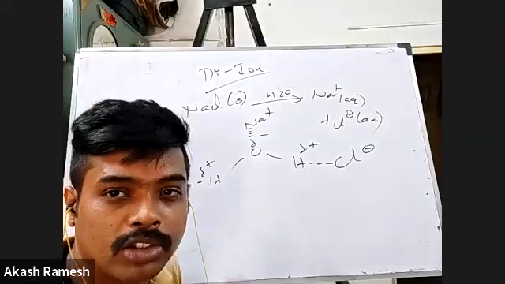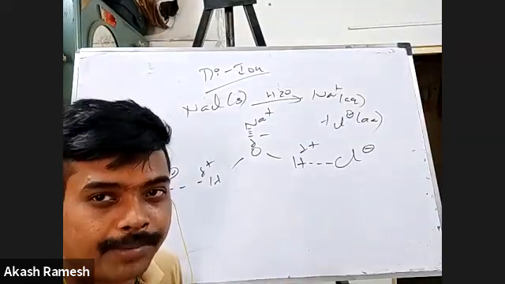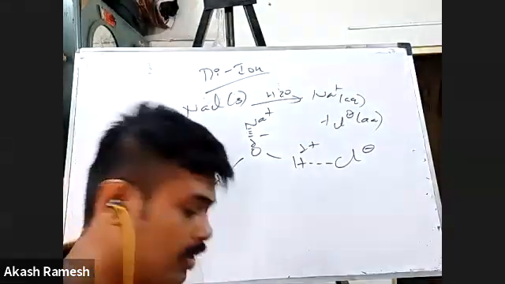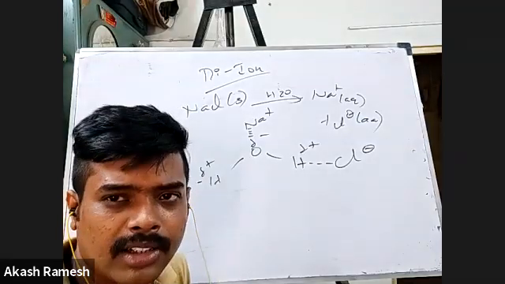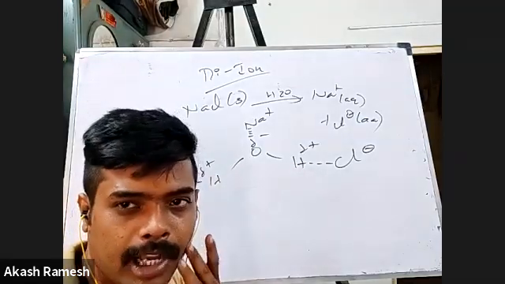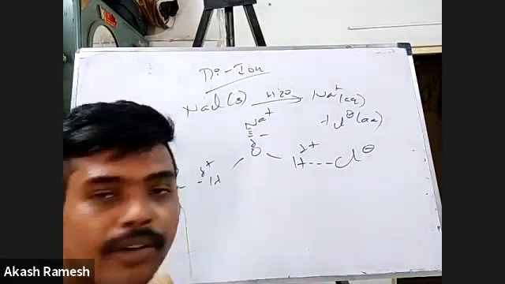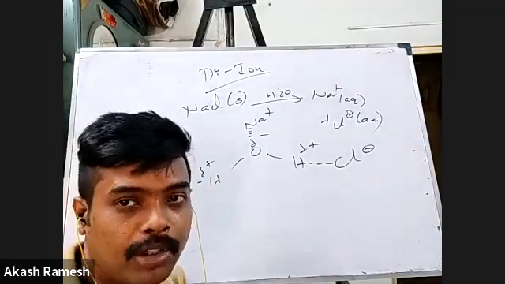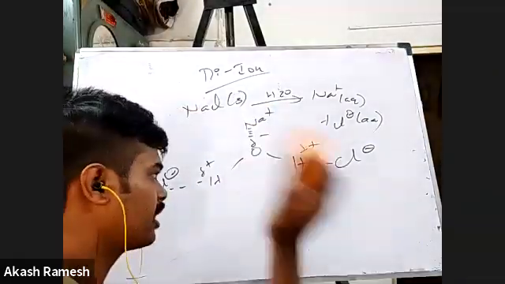Now we'll move to the most special or most important of all these, and that is my hydrogen bonding. Okay, fine. So hydrogen bonding is not something very tough to understand. If you have understood your dipole and dipole-ion, hydrogen bonding is actually a special case of these dipole interactions only. Let me put it in that way, right? So let me speak about that. Hope you have taken this down.